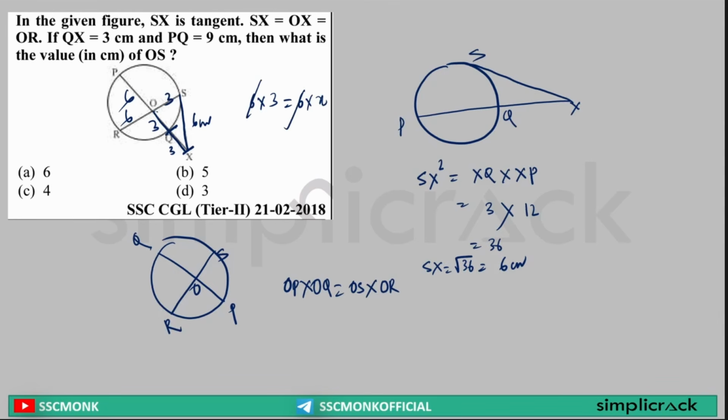What is the value of OS? 3 centimeter. Such a silly question. But now it is looking like a silly question, but to figure it out, there are two formulas that are being used. You have to be well versed with that. So that's why it is really important to remember the formulas of geometry. Otherwise, it will be really difficult to prove anything else in the examination and solve the questions.